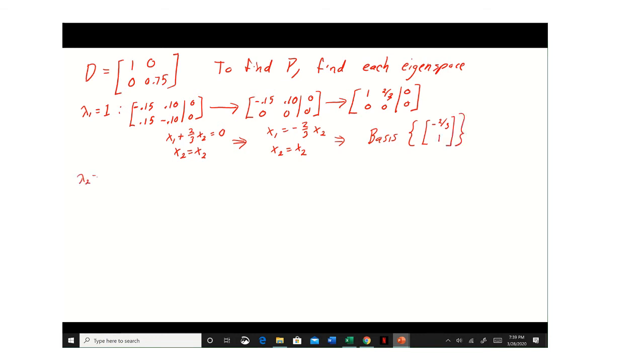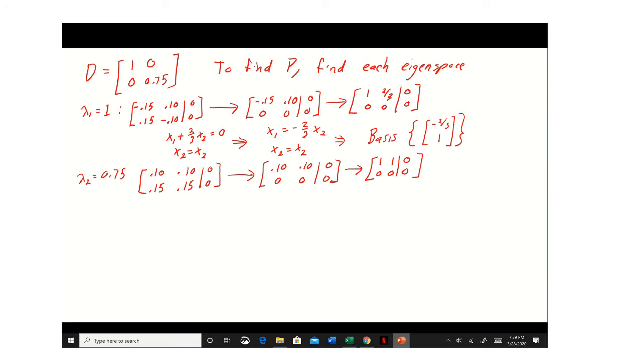Now for our second eigenvalue. Again, we row reduce our matrix. This time when we subtract it, we get 0.10, 0.15, 0.10, 0.15, augmented with 0, 0. Row reduce, we're going to get 1, 1, 0, and a row of zeros.